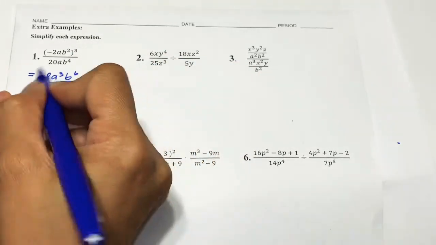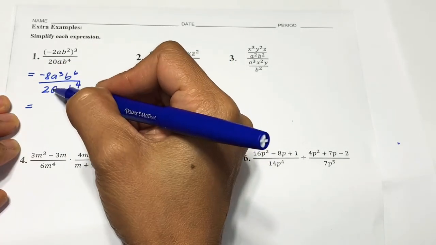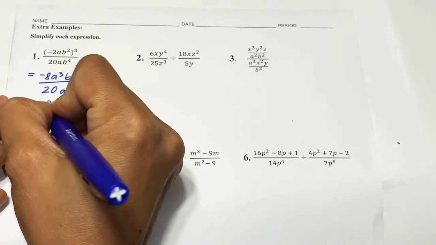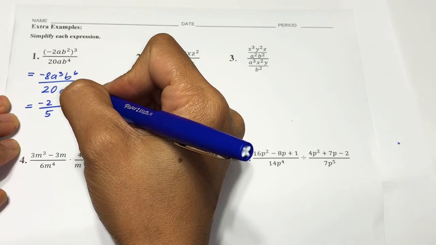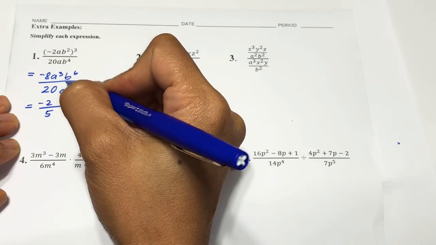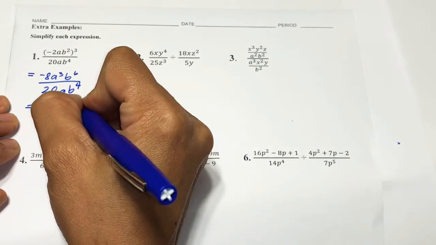And then reduce or simplify. Start with the coefficient. Negative 8 over 20 is negative 2/5. And then you have a to the third divided by a. When you divide, you subtract the powers. So 3 minus 1, you have 2 more in the numerator. So you have a squared.